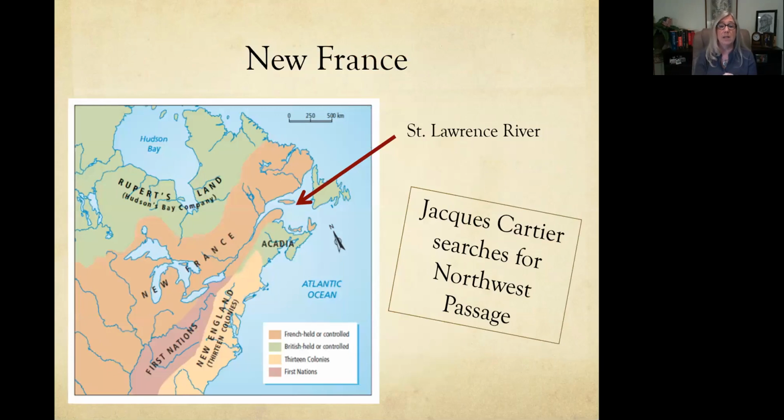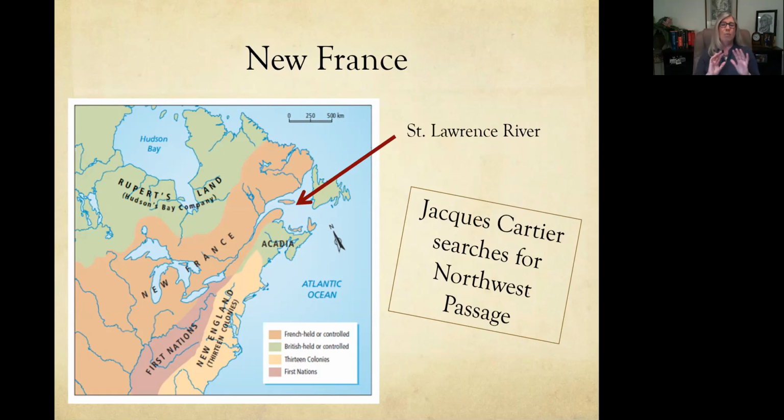So in these European societies, New France will be established at about the same time that Jamestown was. Jamestown was 1607. The first permanent settlement of the French will be at Quebec, and it's established in 1608. Prior to that, there was an explorer, Jacques Cartier, who was looking for the Northwest Passage.